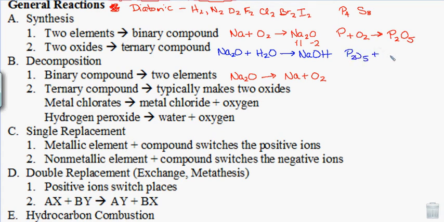Sometimes you're going to encounter ones, say for instance, your P2O5 joining with water. At this point you have a nonmetal oxide, so phosphorus with oxygen, and again you have a hydrogen oxide. Again, you're not going to know exactly how it's going to turn out. This is going to be a little bit of a guessing game. What you do know is whatever element is furthest to the left, so in this case it would be the hydrogen, that's going to get listed first.